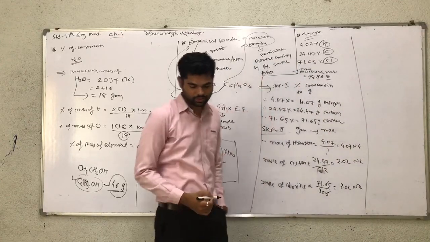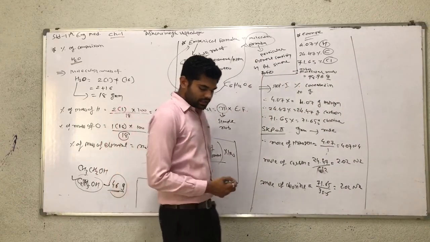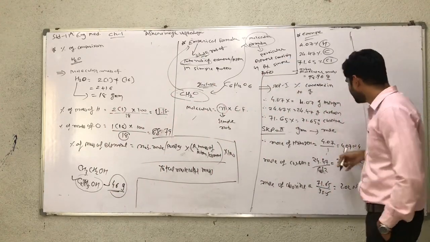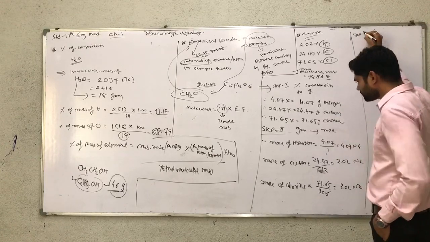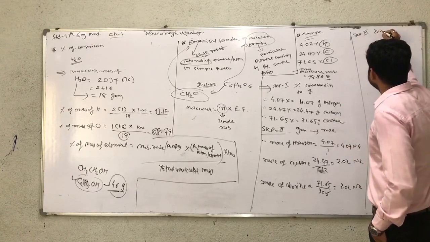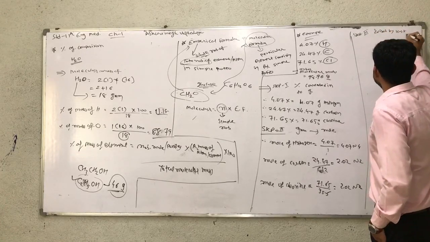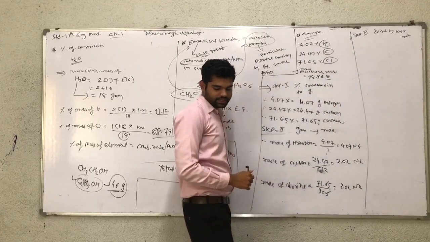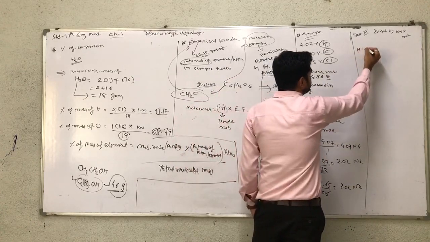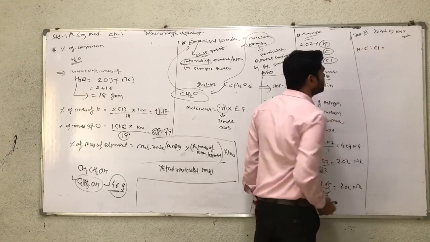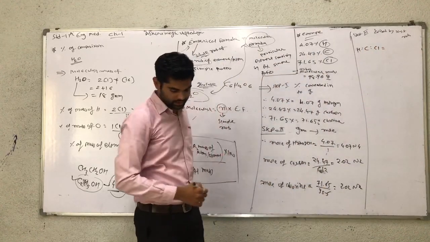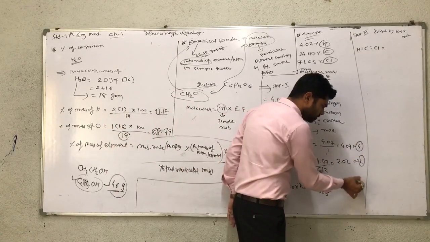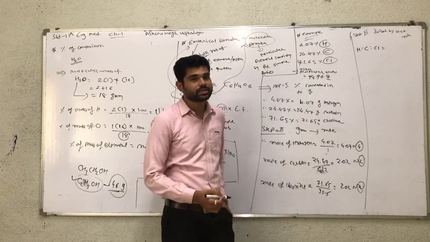Step 3: divide by the least number, the smallest number, so you get the ratio of hydrogen, carbon and chlorine. The values are 4, 2 and 2, so the least number is 2.